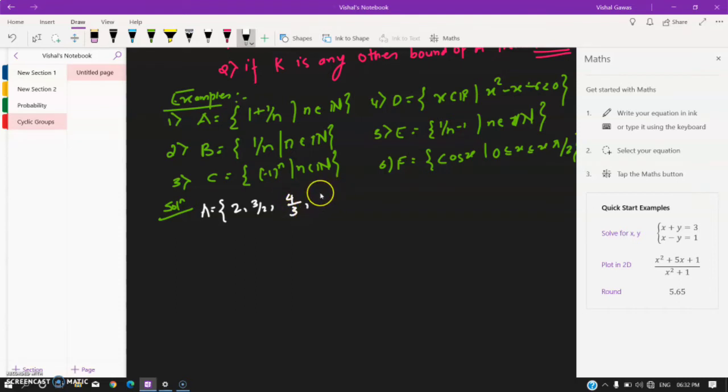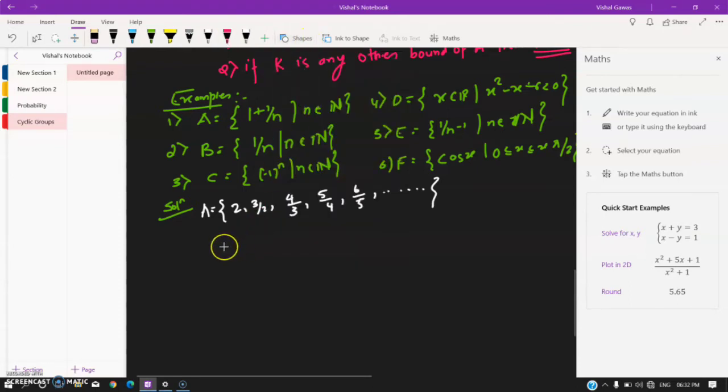And then it would be 5 by 4, and then 6 by 5, and so on, right?